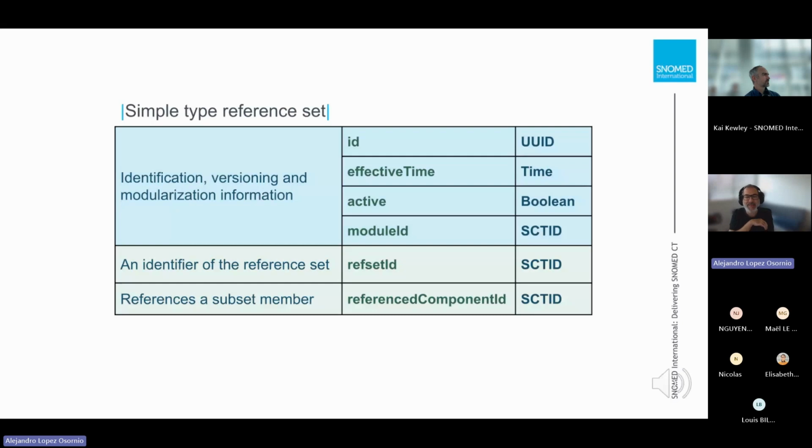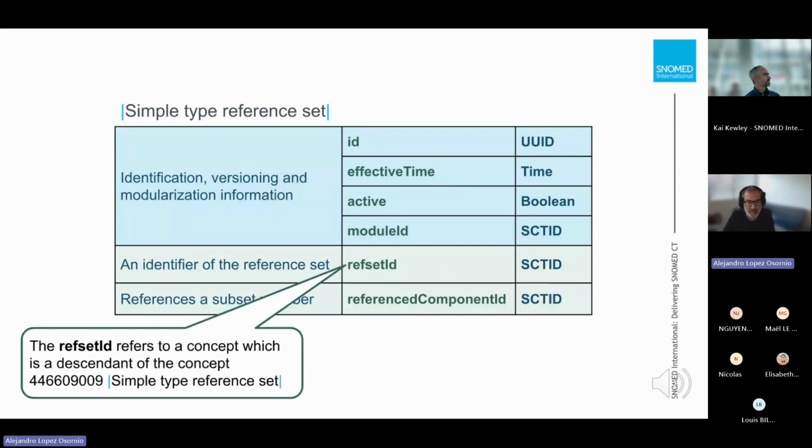And this is a simple type reference set because it only contains the reference to the member and nothing else. When we go to see maps, we will see that it's very similar. The refset ID is a concept for the map refset. The referenced component ID is the concept that we are mapping, and then we add a few columns like the target ID, source ID, or any other that adds additional information to the refset.